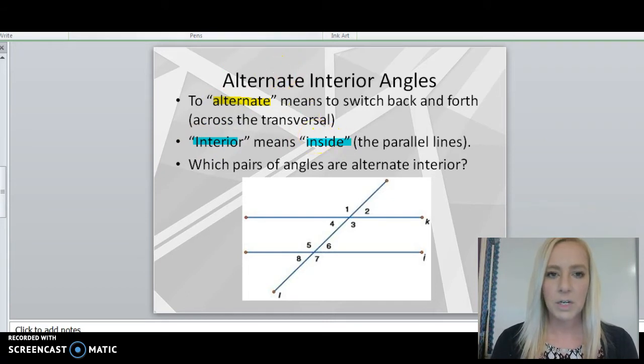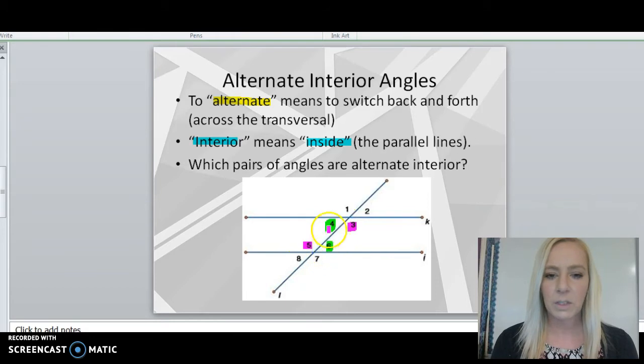So our alternate interior angles are angles that are between the parallel lines, and alternate means they flip or switch back and forth along the transversal. So 4 and 6 are kind of diagonal or alternate interior from each other, as well as 3 and 5.